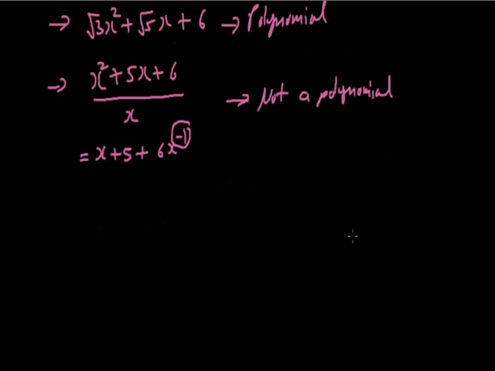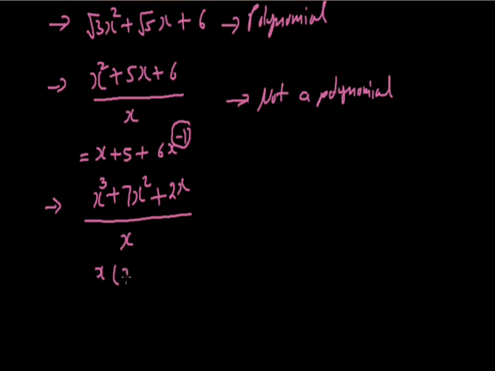Let's take one more example: x cube plus 7x square plus 2x divided by x. Now from these three terms, x is common in all the terms. So we take x common.